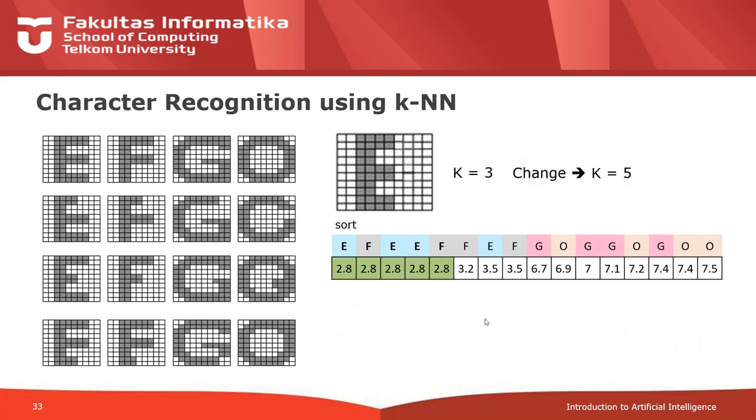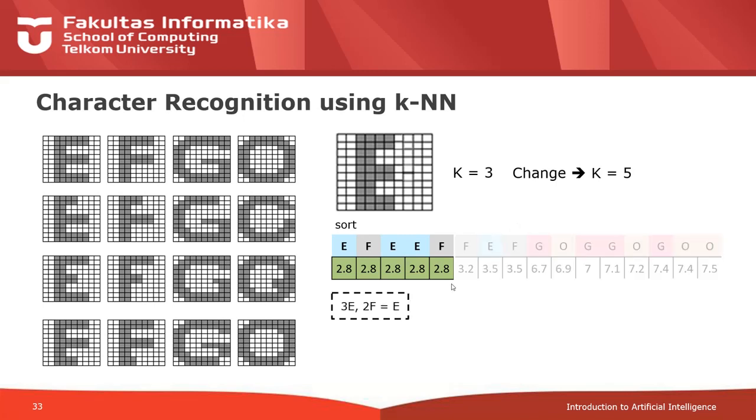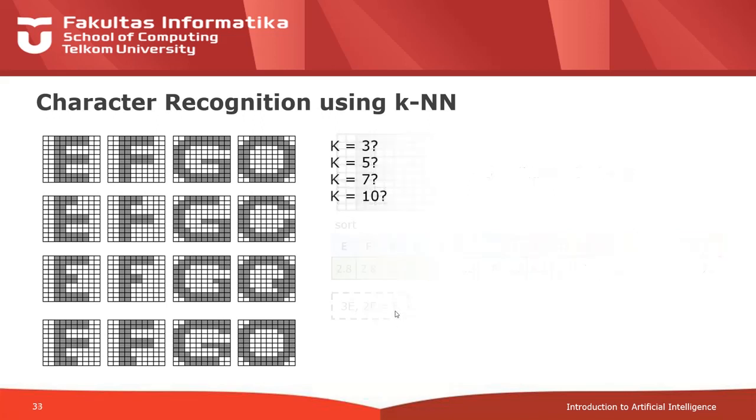And so if that happens, what is the solution? One of the alternatives is that we can increase the value of K. So we sample more data. So if we choose K to 5, then it means we have 3 E's and then 2 F's. So the result will be E.